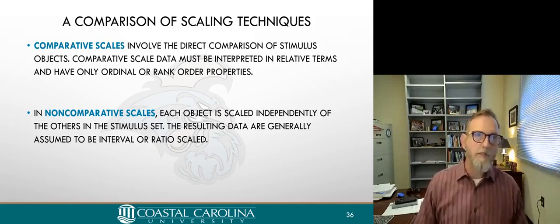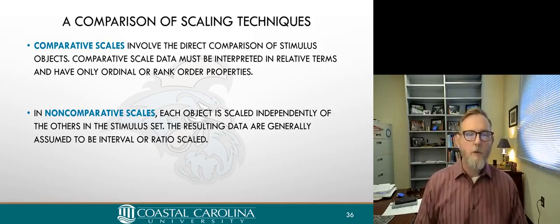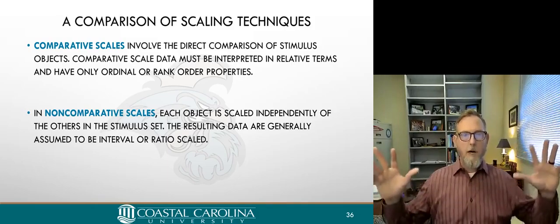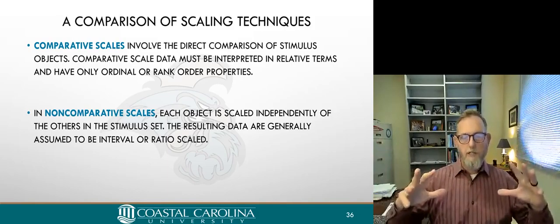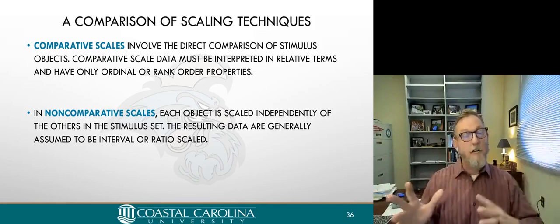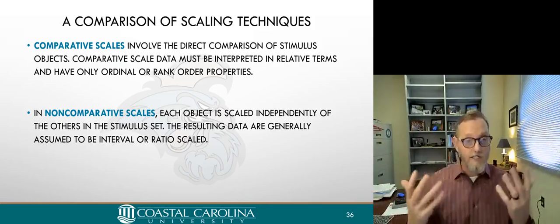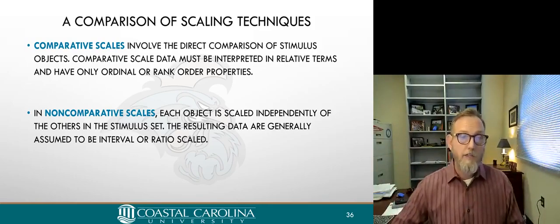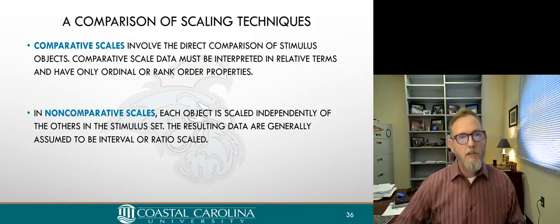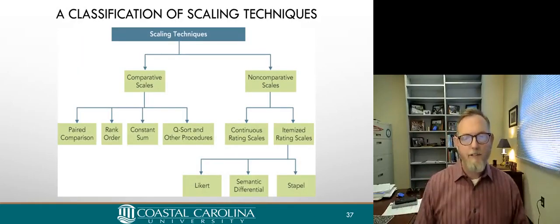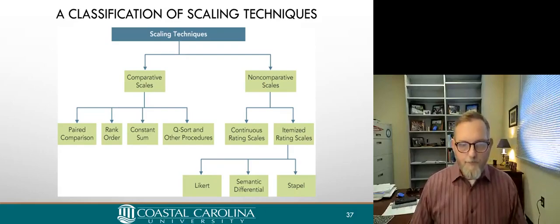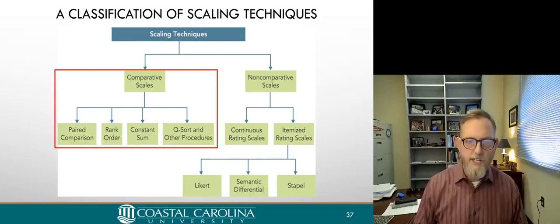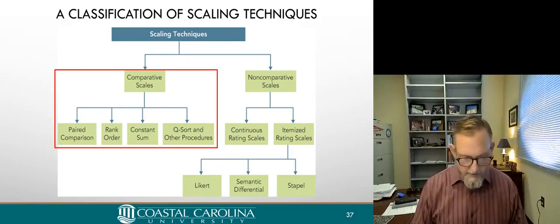So in this case, we're going to look through some examples of comparative scales where you have, again, objects that are being compared and then evaluated in context to each other or ranked in some type of way to each other as well. Okay, so if you look at the different variety of scaling techniques, these are comparative scales.